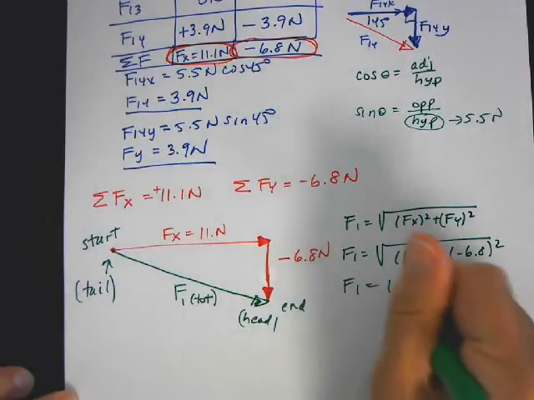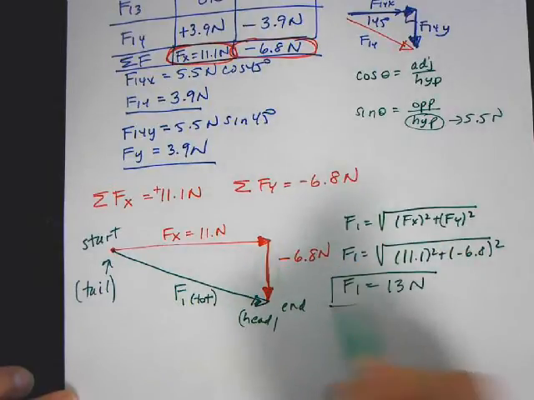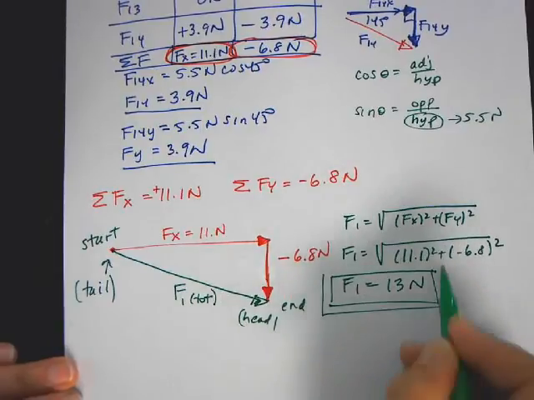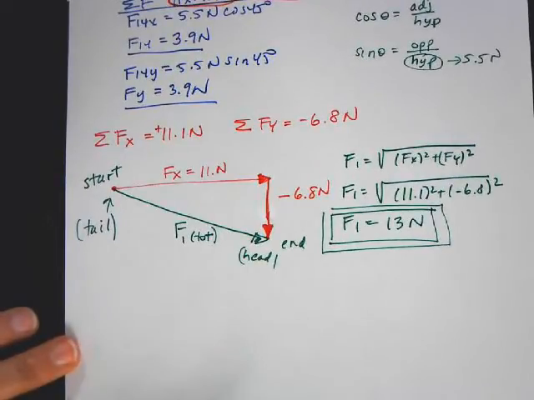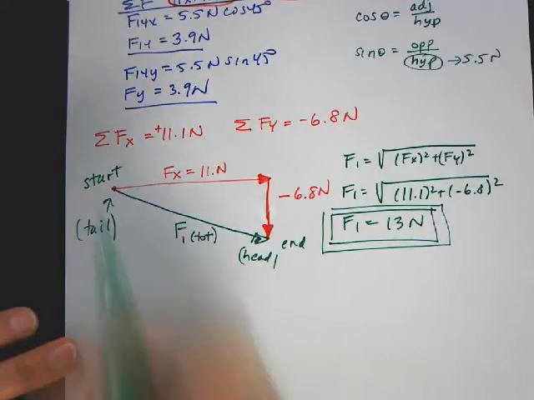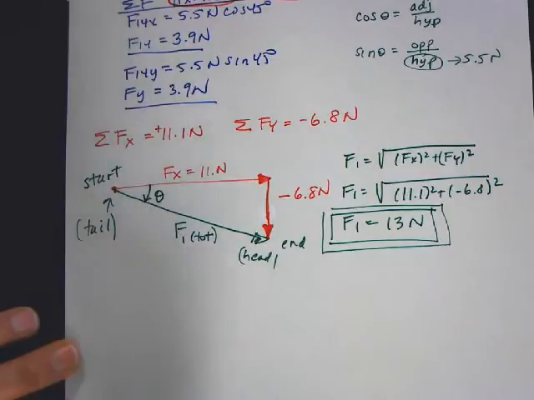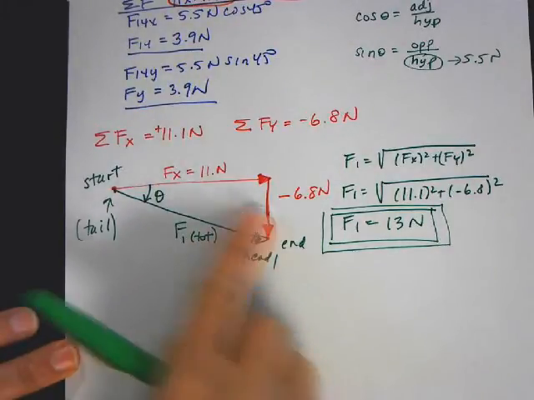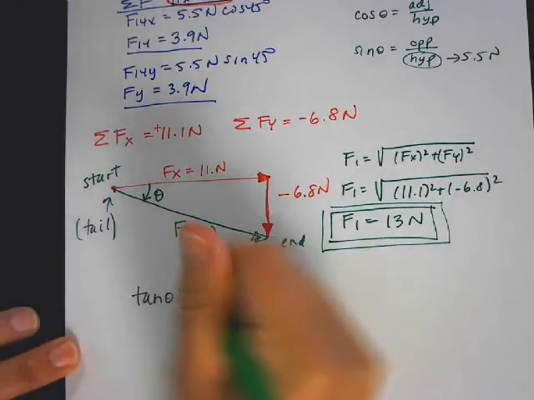So I'm going to find the angle inside the triangle. Okay? And since I have the opposite and I have the adjacent, I'll use tangent. So tan of theta is opposite over adjacent, which is 6.8 newtons over 11.1 newtons. The newtons cancel.